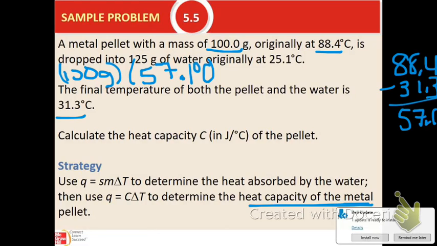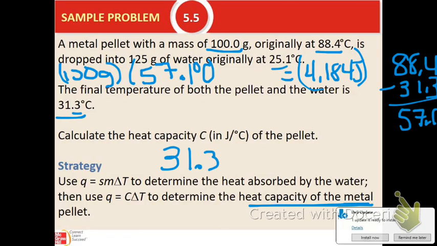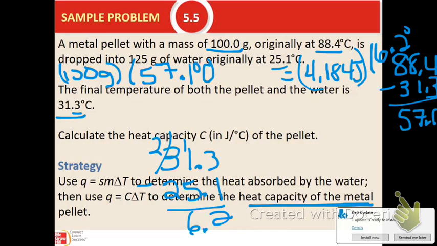Our water on this other side, we know its specific heat capacity is 4.184 joules, and we know it started out at 25 degrees and it ended up at 31.3. So let's go 31.3 minus 25.1. That's a 2. That's a 2. Carry the 1. 11 minus 5 is 6. So it only raised its temperature 6.2 degrees. So its delta T is 6.2 degrees Celsius.